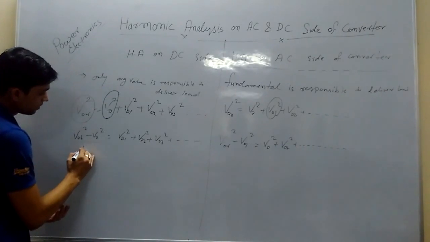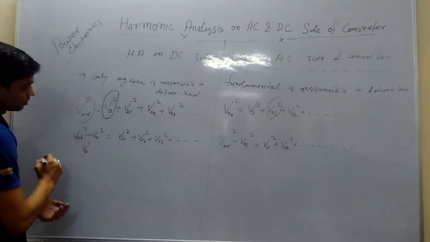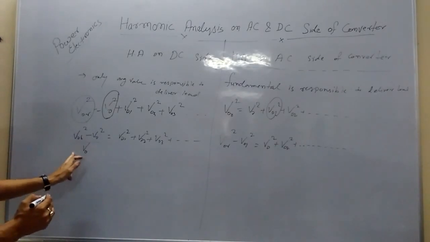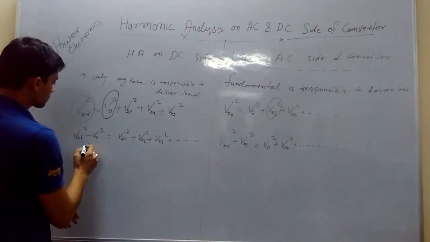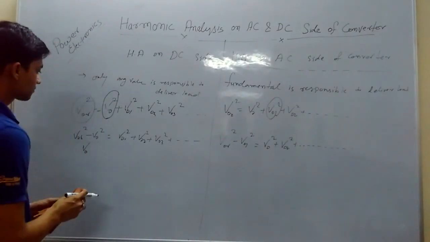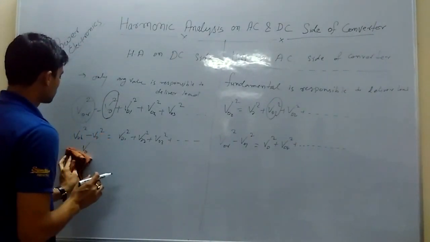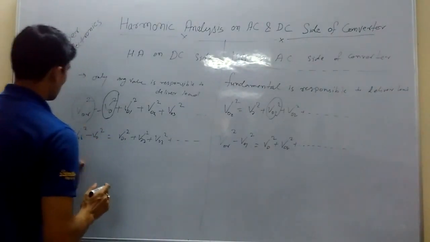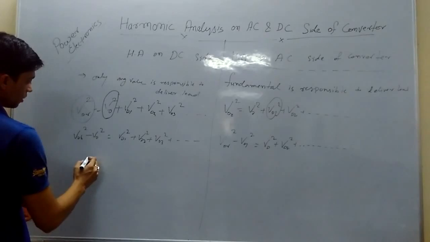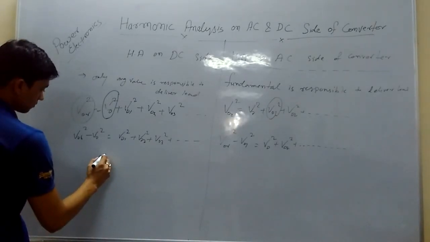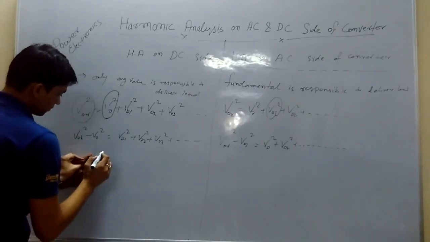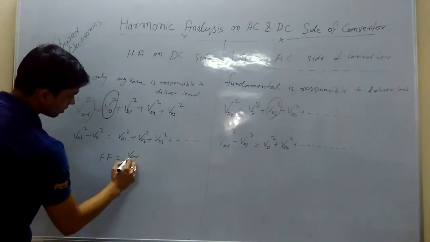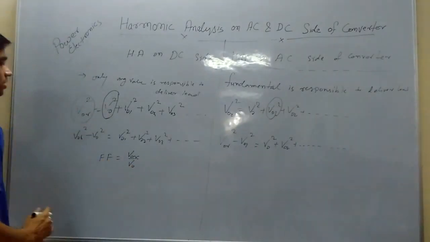Only the fundamental is responsible to deliver your load, so you have to express it with respect to the average value. You need to calculate the form factor, which can be defined as the output RMS value divided by the output DC value.